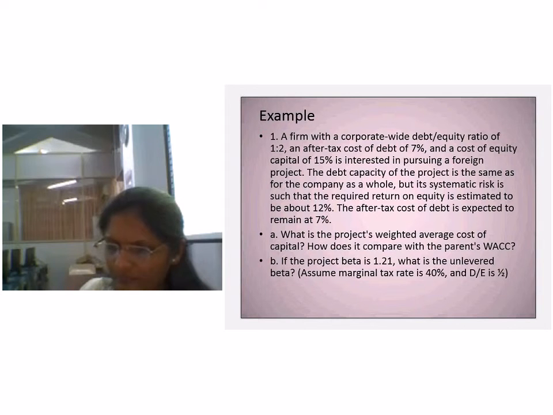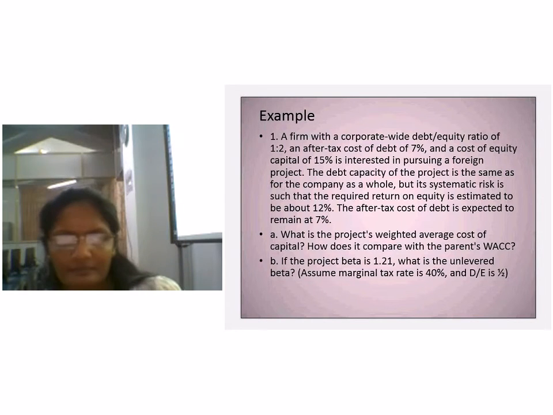What is the project's weighted average cost of capital? How does it compare with the parent's WACC? That is very simple, right?